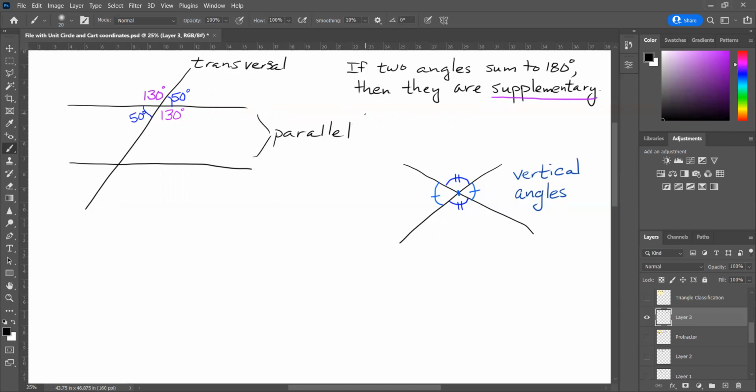We also have the case where two angles might add to 90 degrees. And they have their own term. Two angles sum to 90 degrees. They are complementary.